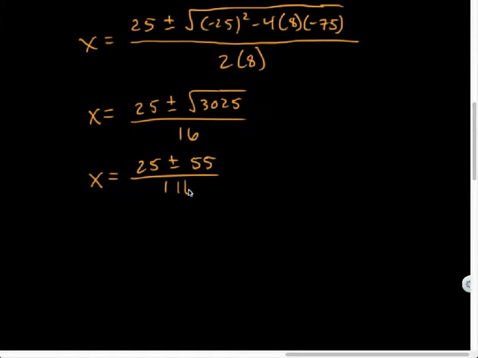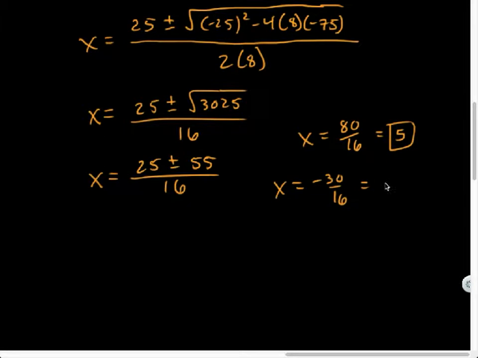So let's break this up into the 2 possible situations. 25 plus 55 is 80, divided by 16 is 5. So there's one of my possibilities. Or x equals 25 minus 55, which is negative 30, divided by 16.